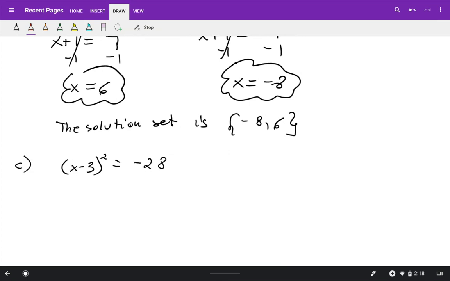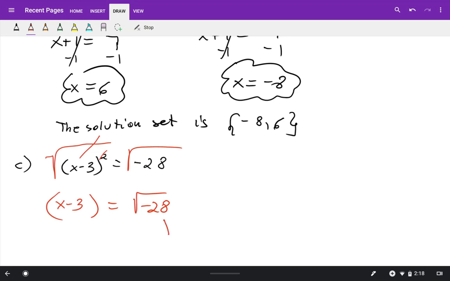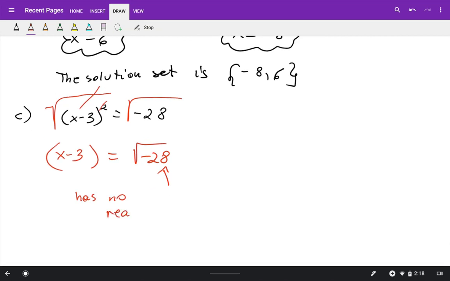So here, if you try to take the square root of both sides, we will end up with x minus 3 equals square root of negative 28. And you should know that this one has no real solution, because the square root of negative 28 is undefined.